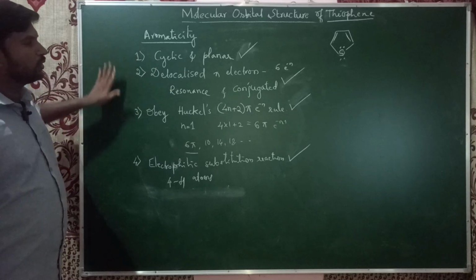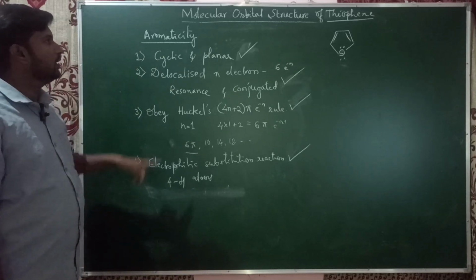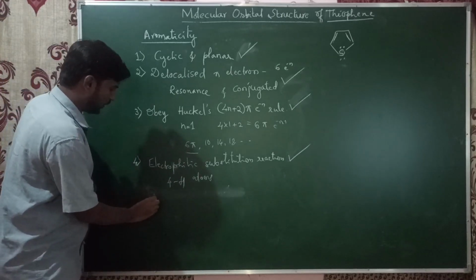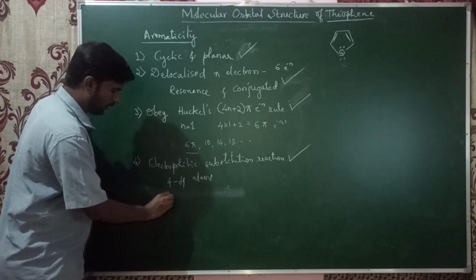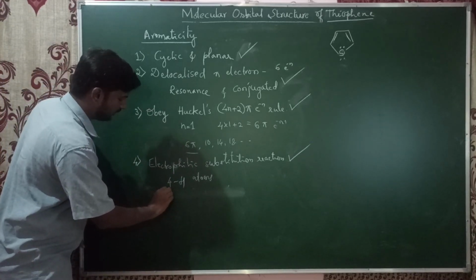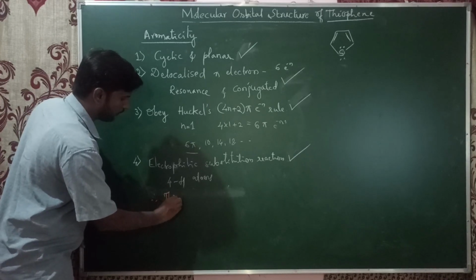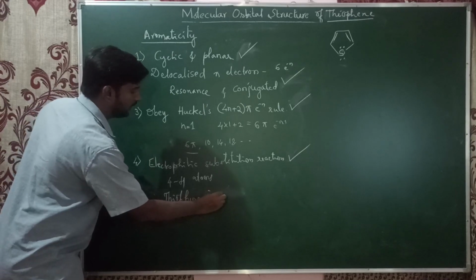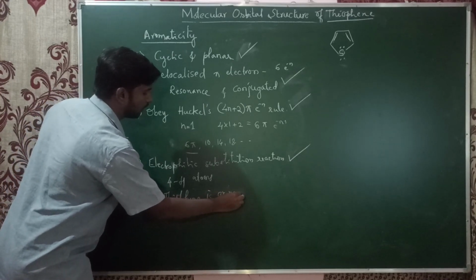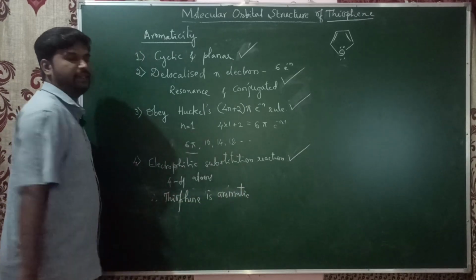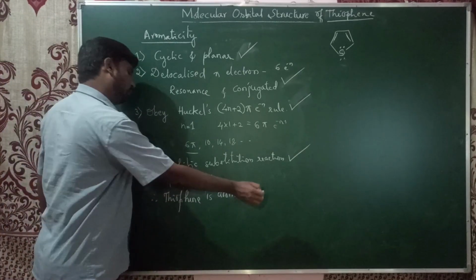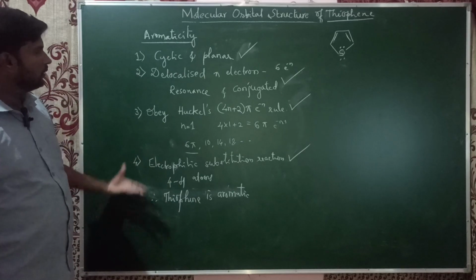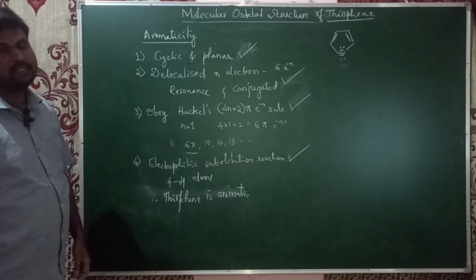All 4 criteria are fulfilled by the thiophene structure, hence it is aromatic in nature. Therefore we have to write at the end: thiophene is aromatic. This is about the molecular orbital structure and the aromaticity of thiophene.